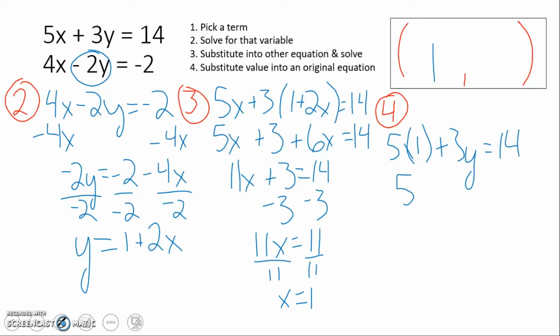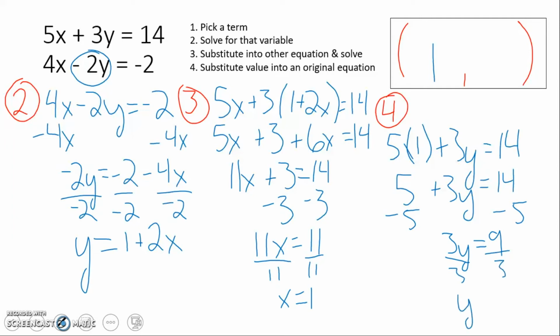So then we have 5 plus 3y equals 14. Subtract 5 from both sides, we'll get 3y is 9. And then y is 3. So our final answer is the point (1, 3).